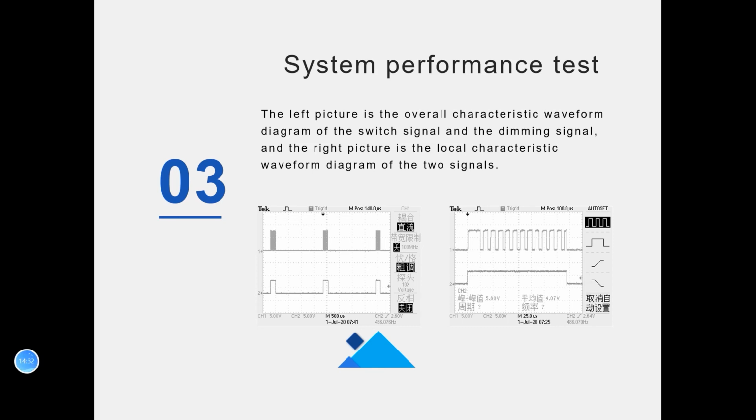In dimming, the switching signal output from HV9910B is output when the dimming signal is at high voltage, but not at low voltage. The actual switching signal output from HV9910B is the result of a logic AND operation between the dimming signal and the controller's switching signal.